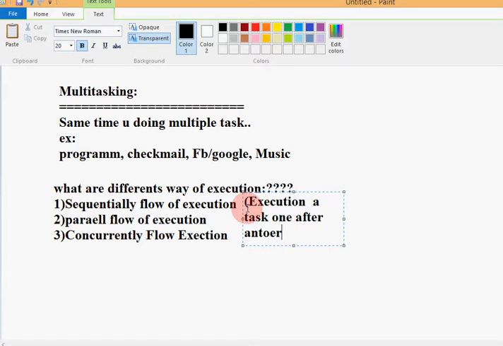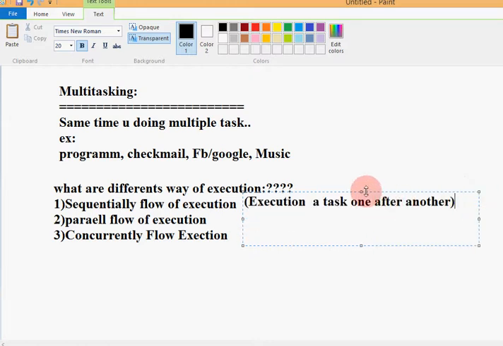Just like you are standing in a queue in a bank to withdraw money. If one person is doing his work, after that the second person will get a chance to withdraw money. If the first person doesn't take money, then the second person can't take any money. After the first person finishes, the second person goes and withdraws money. This is called execution of tasks one after another.